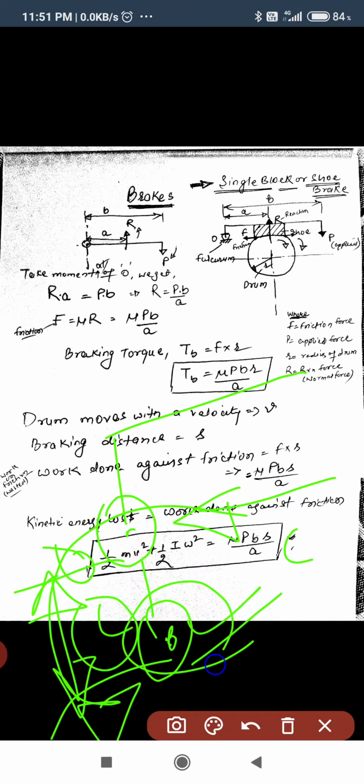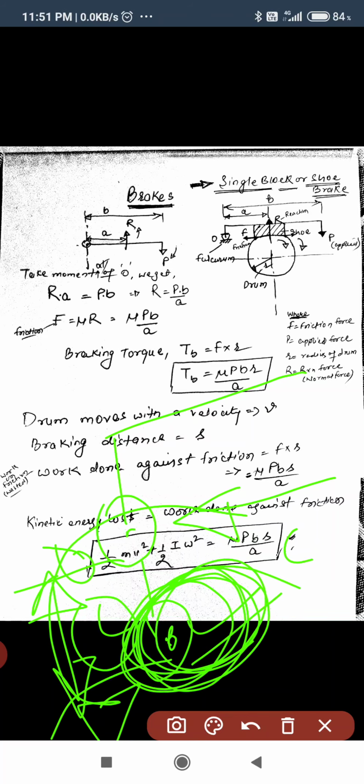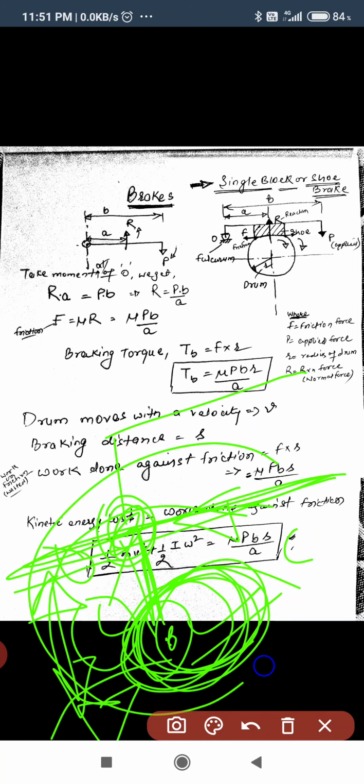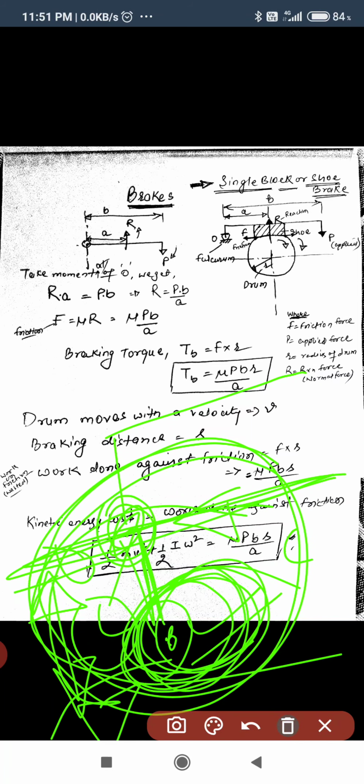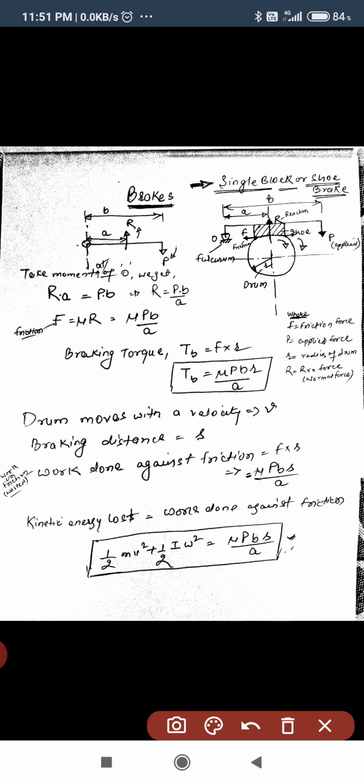If we take the moment below this actual fulcrum point, then we have a moment of the frictional force, because it is not in the same line, we have some distance, and a moment is created by the frictional force.